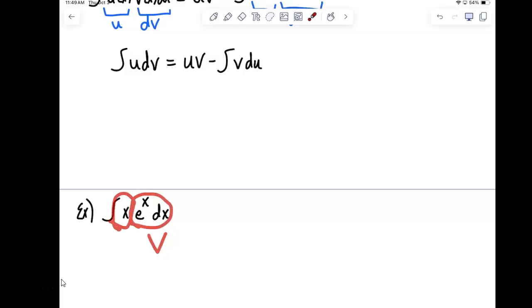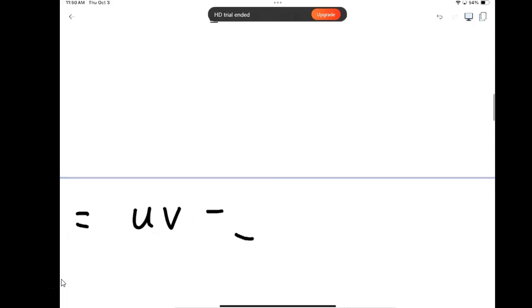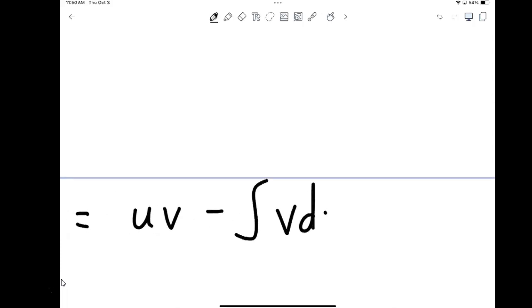We will differentiate this to get du. Then we're going to be working with this integral. So the hope is that it gets to be something of lower degree and an easier integral, that's a definite idea that we're looking for here. So we're going to write this eventually as uv, once we figure out what u and v are, minus the integral of v du.